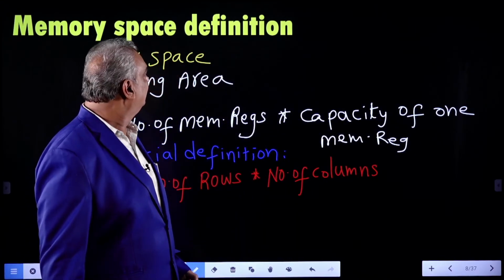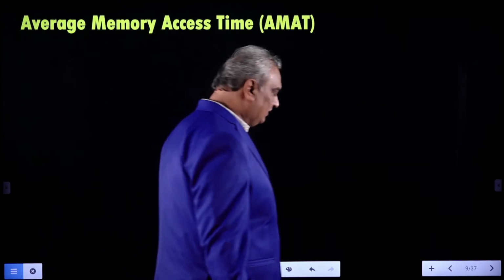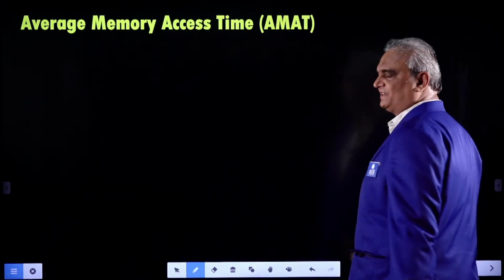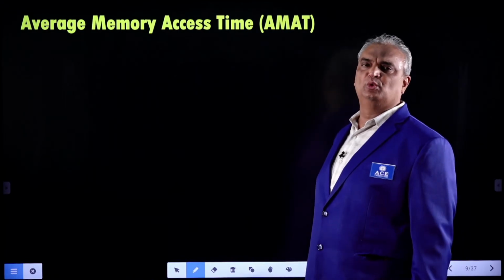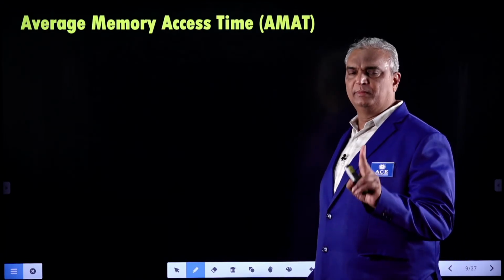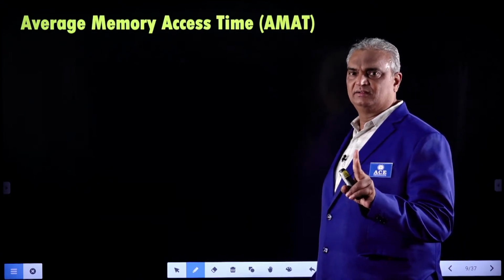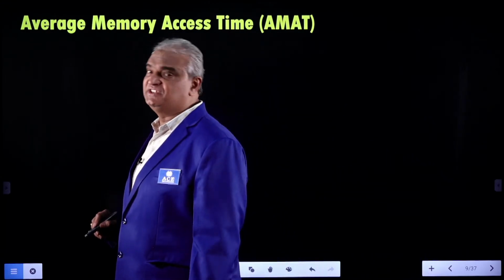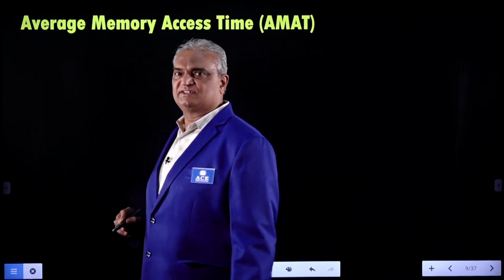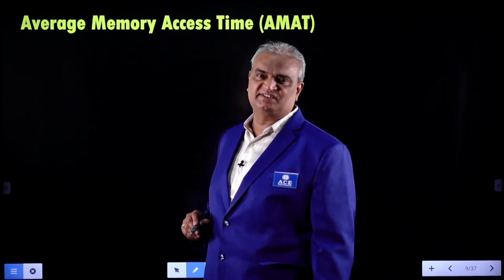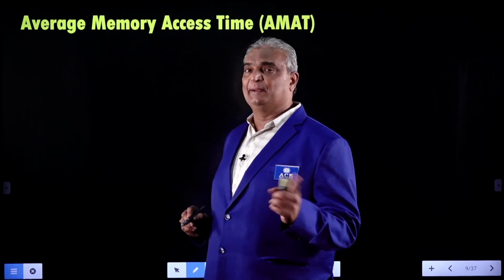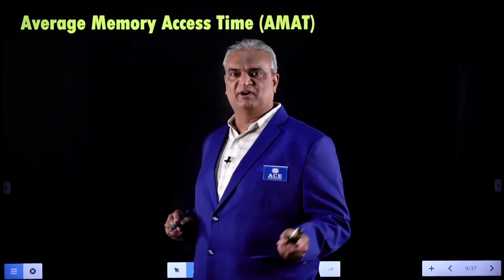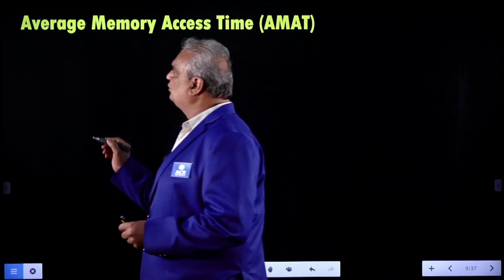Okay. Next. What is average memory access time? In two-level memory, means only two memory levels are there. Let the first one be L1, the second one L2. H represents hit rate, M is nothing but miss. Now in this case, T represents the access time of the memory module.